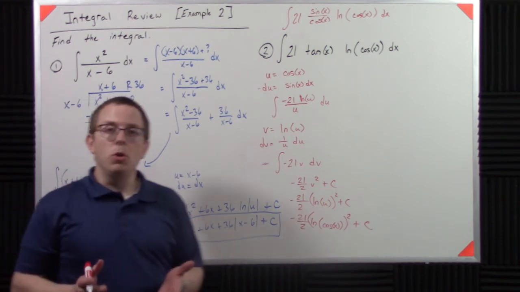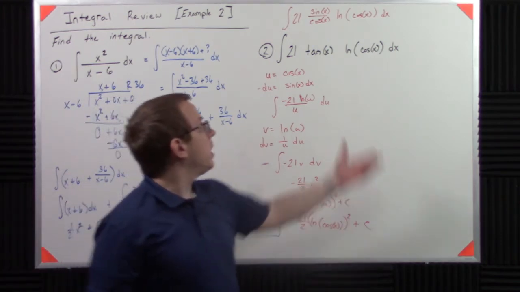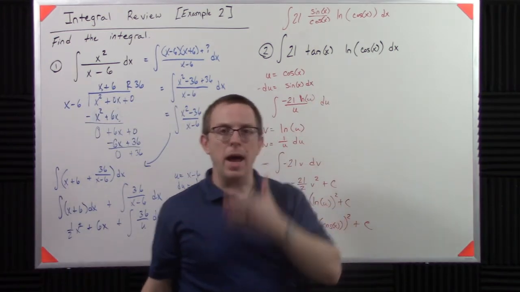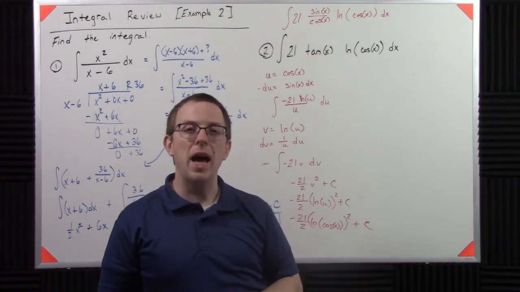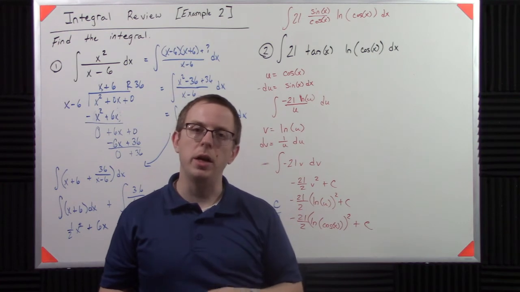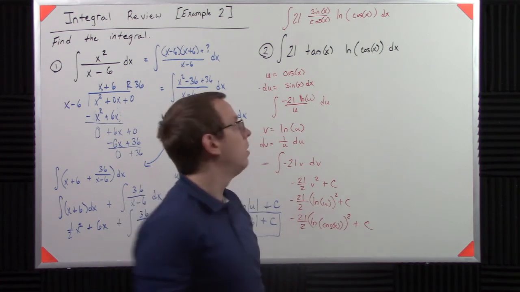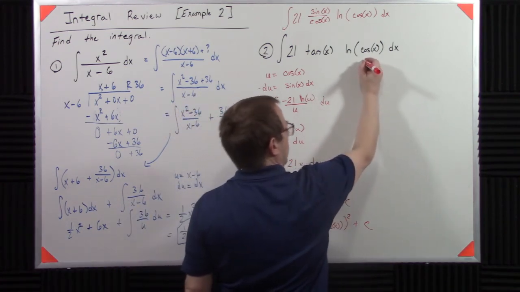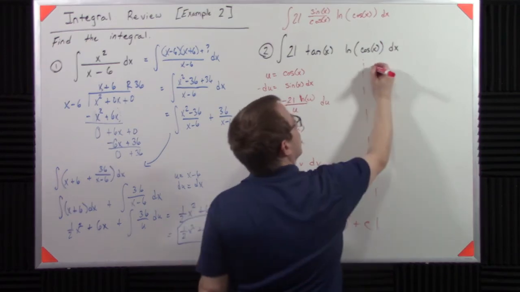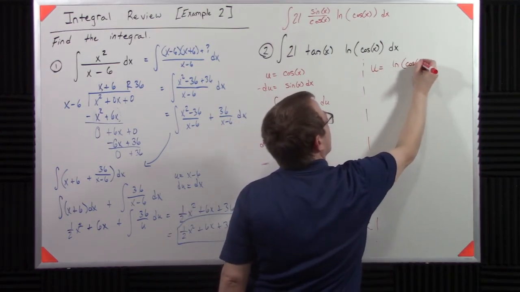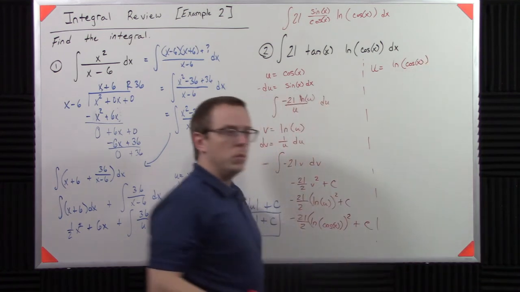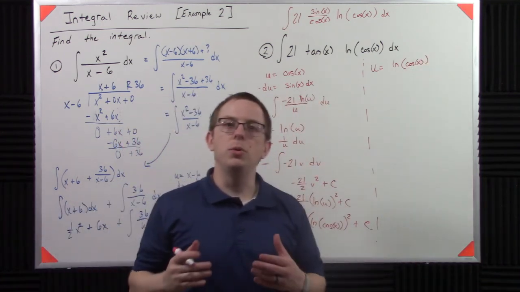Now, there is an additional way to do this. What you could do is you could say, all right, well, I'm going to take u to actually be that natural log of cosine. By doing that, you have to be a little more clever, but it tends to work out better. So if I take u to be the natural log of cosine of x, what I can do is then use the chain rule.